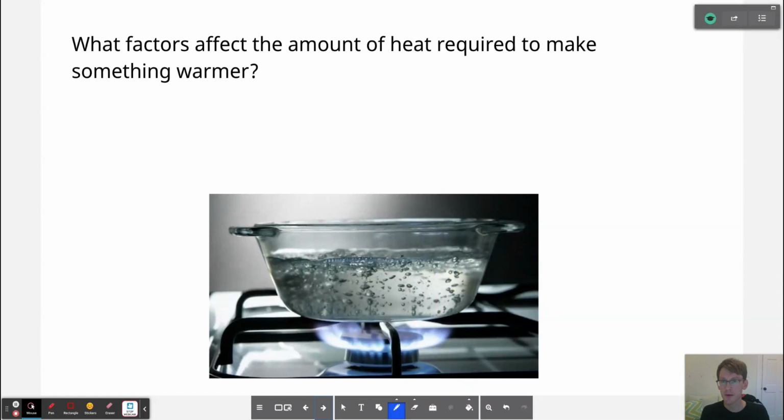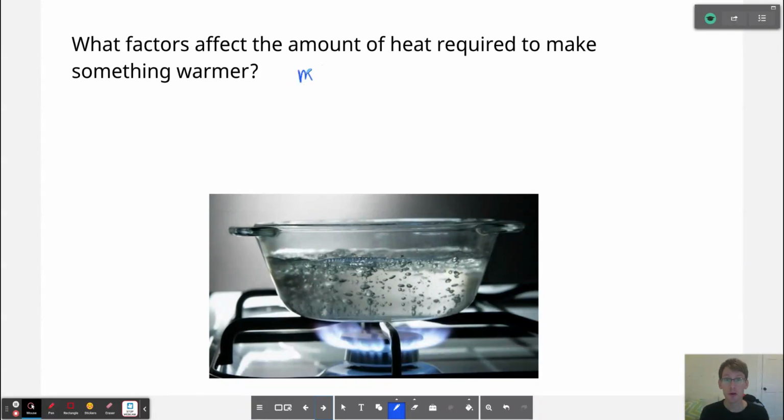So next, let's consider if we're going to be determining the heat required to make something warmer. Let's take, for example, a bit of water that we've put on the stovetop to heat up. What factors affect the amount of heat required to heat up the water? Well, one thing is the mass.